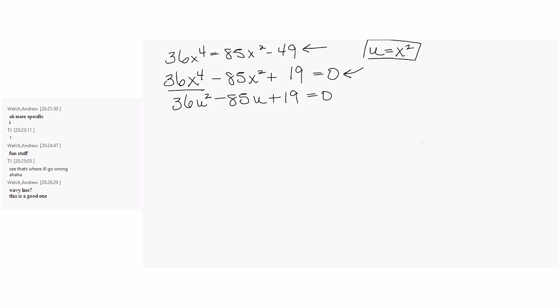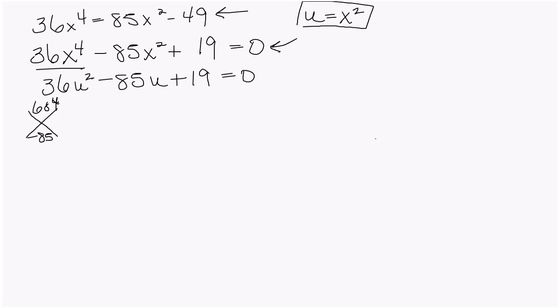If you wanted to use the British method, you would go 36 times 49, and I need my calculator because I can't do that in my head. 36 times 49. So we're looking at two numbers that when multiplied together give you 1764, but when added together give you negative 85. These are huge coefficients. So I'm not going to do it that way.